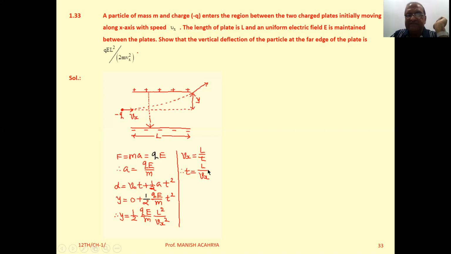So time is L by Vx. Now substitute the value of time t. Here L by Vx, so we can write L square upon Vx square. So resultantly the vertical deflection is qE L square upon 2m Vx square, and this is what we wanted to prove. Clear to all of you?